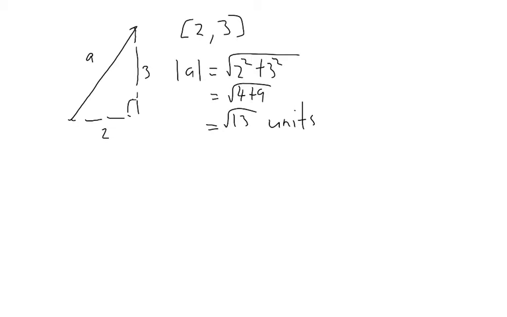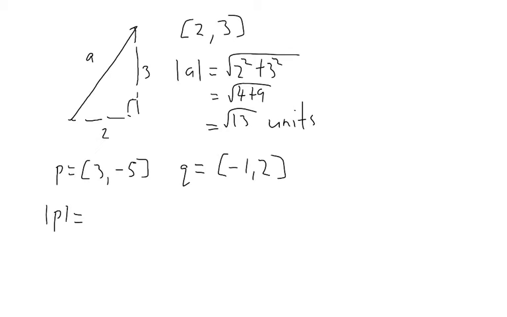So if we have vector, for example, P equals (3, -5), and vector Q equals (-1, 2), and we're asked to find the length of P, well, we do it the same way as we've done above using Pythagoras' theorem.